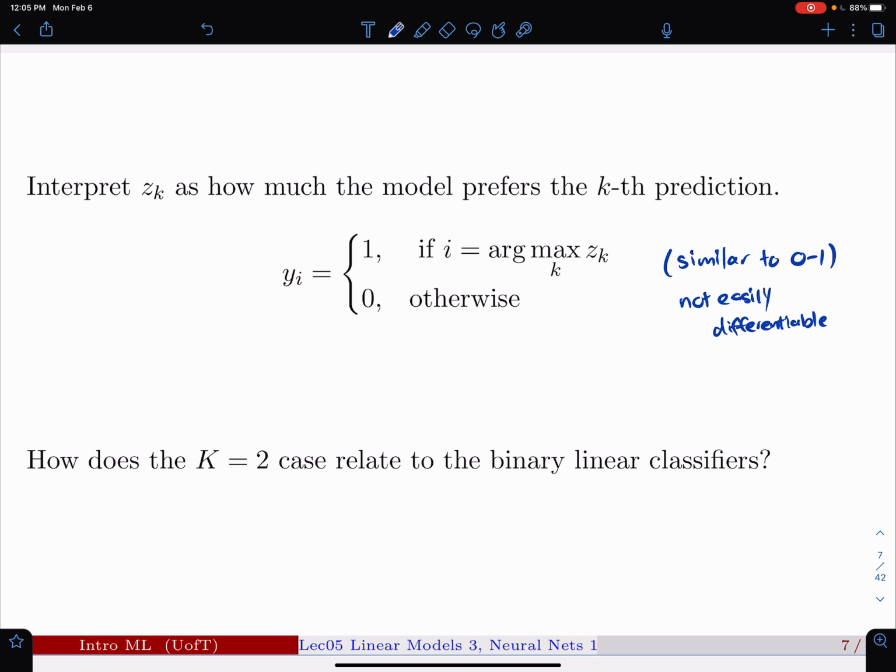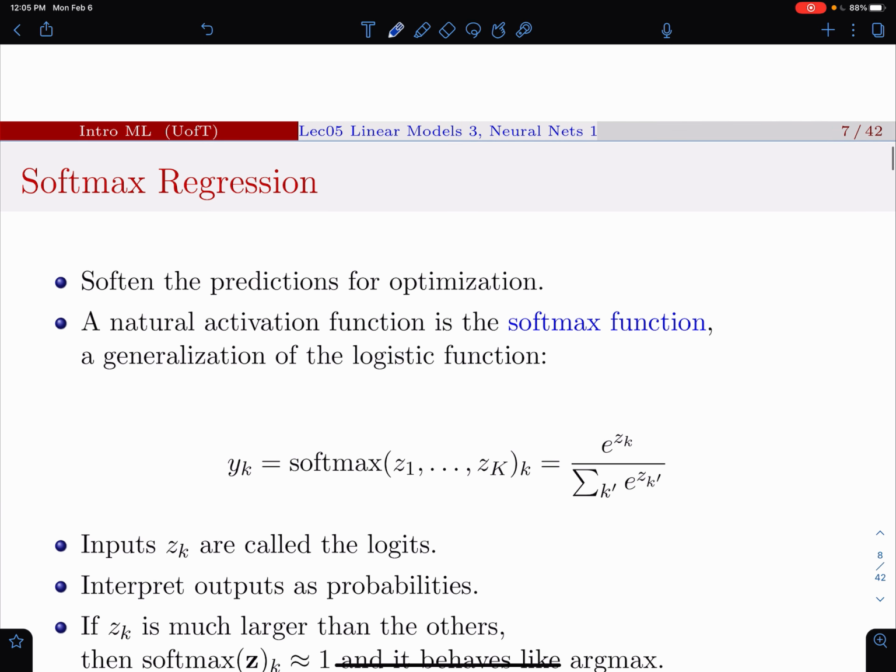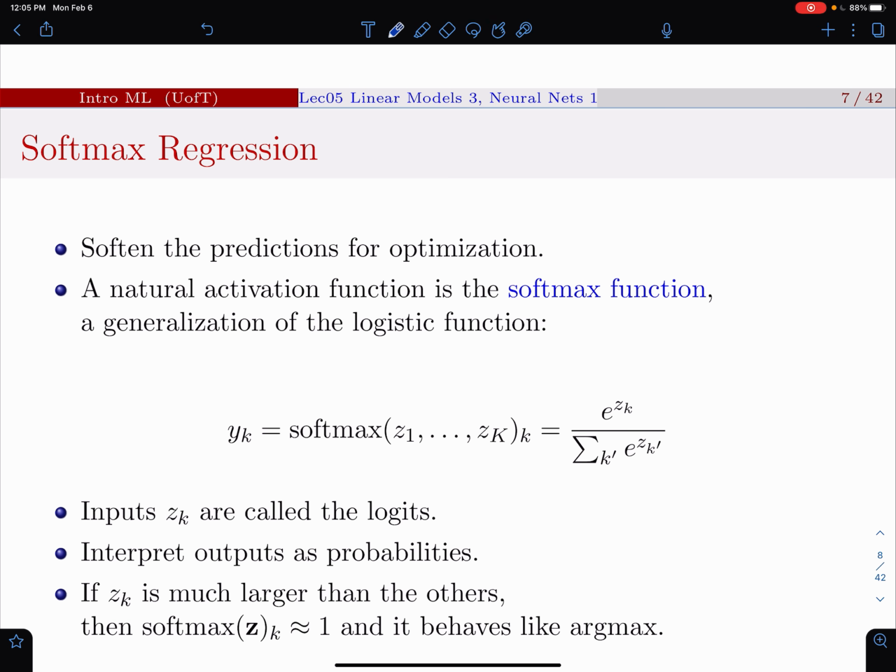So we're going to apply the same fix we had before to make things differentiable. We're going to use a softer version of the maximum instead. And this is actually just called the softmax function. It's a really natural function to define if you're trying to convert real numbers into a probability distribution, because whenever you take the exponent of something, you get a non-negative number, right? So we're going to raise everything to the power of e. In code, you can do np.exp.